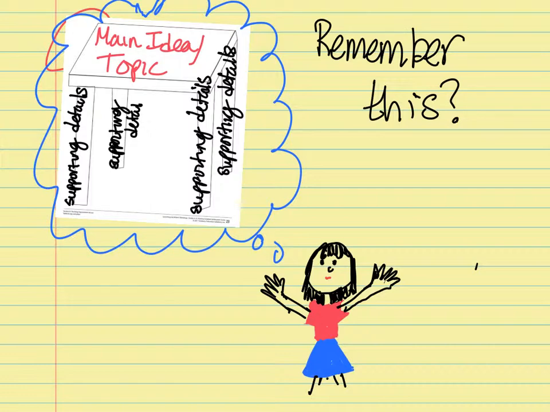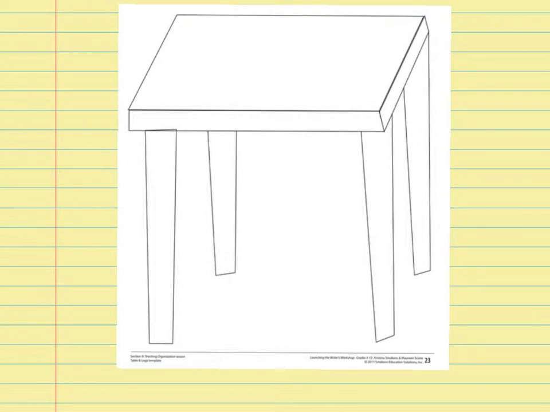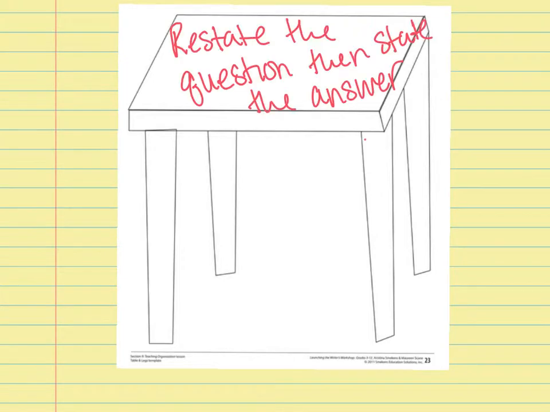Okay, well we can use the same idea when writing a response to something we're reading. The only real difference between the paragraph that informs somebody about something and a paragraph that's a response to reading is the tabletop.